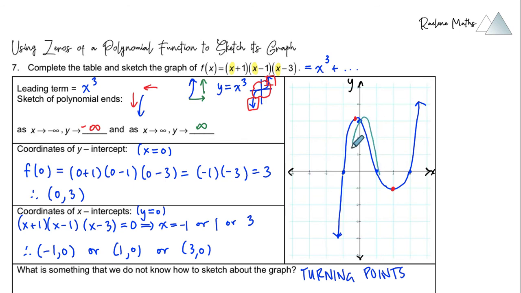That's okay for our purposes for now. We'll do our best to figure out where the x-intercepts are, the y-intercepts are, and what the end behavior looks like, and then we will not worry so much about exactly where those turning points need to land. Another example is that this turning point might be much lower, so we don't know either the x-coordinate or the y-coordinate of those turning points.